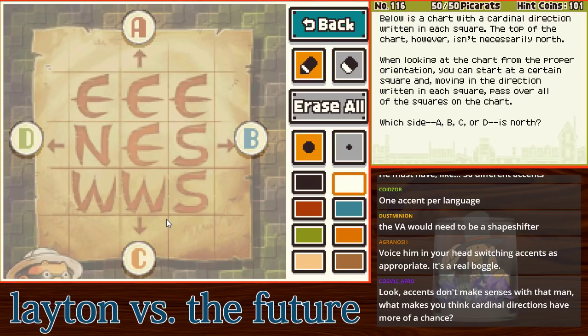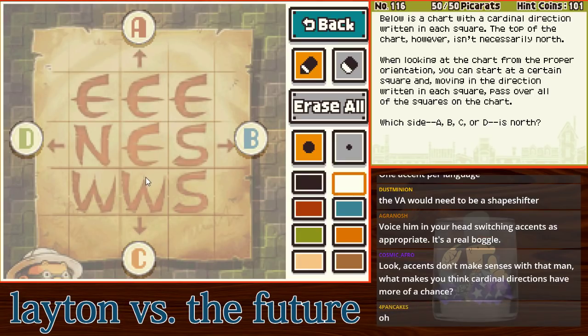You're talking with regards to B. Which letter are you looking at where east is? I guess it would be from C. Right, because it would be upside down. Does that work? If we go east left, then north down, then west right, then south up, yeah, that works. So I think it's C.